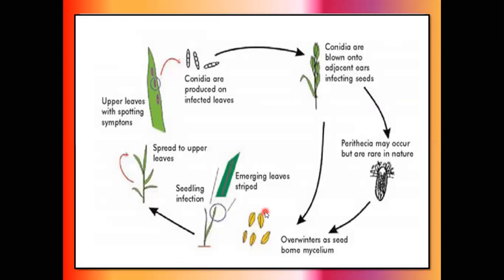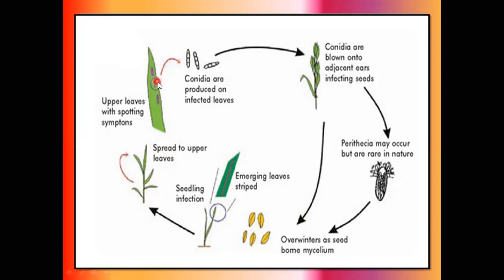Okay, so this is the disease cycle of the brown spot pathogen. Infected seeds are sown in the fields, and some symptoms may be seen on the younger leaf. Growing seedlings become infected and show brownish spots.